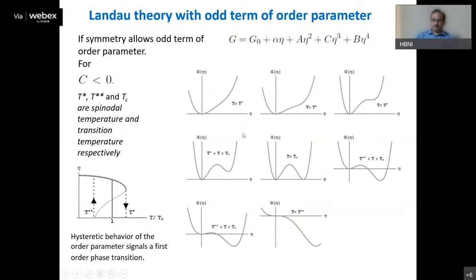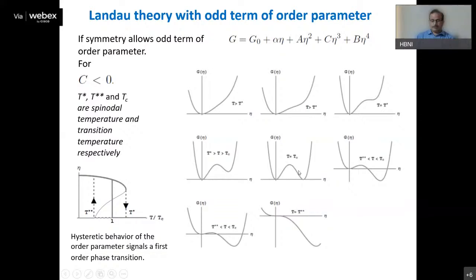As you further reduce the temperature, this metastable phase has lower energy, and it reaches almost equal energy to that of the phase which corresponds to the zero value of the order parameter. So this corresponds to the equilibrium between the parent and daughter, because the free energy is the same.